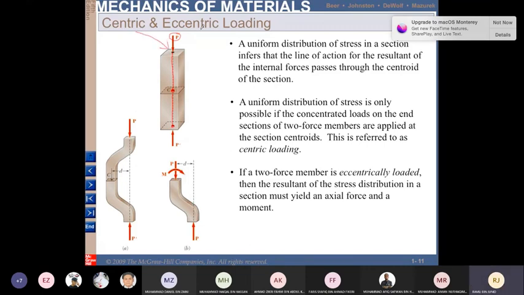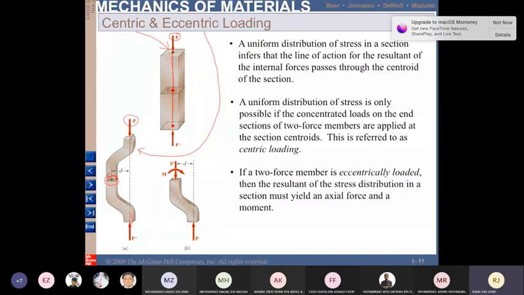For eccentric, the load does not pass through the center of the body because of the structure of the body. When you give load like this, because the structure is not symmetric like the central loading, it will produce a moment.